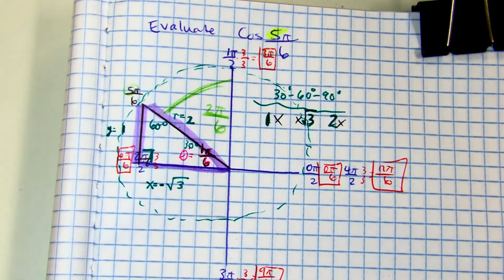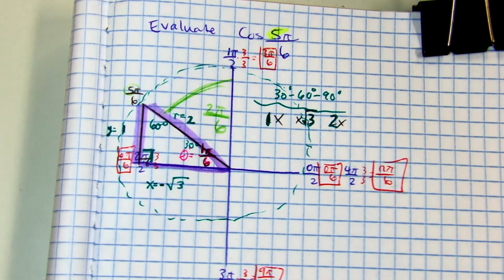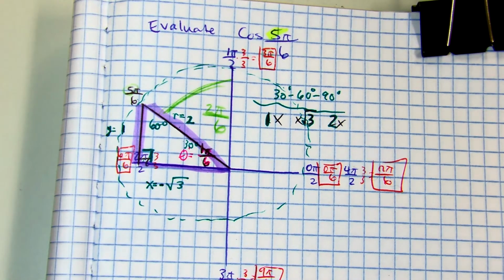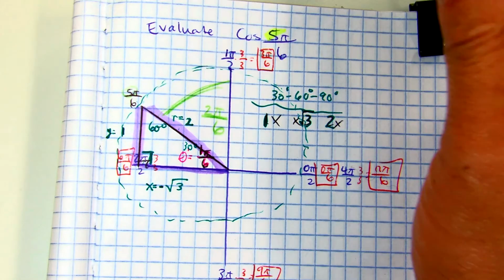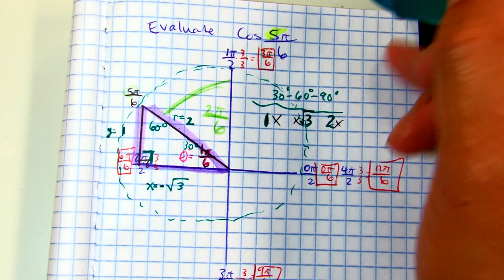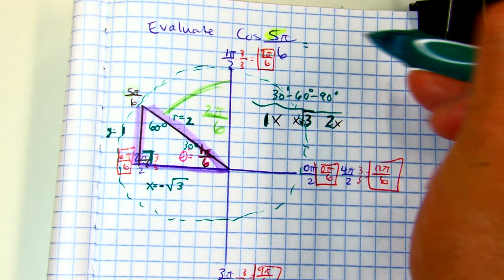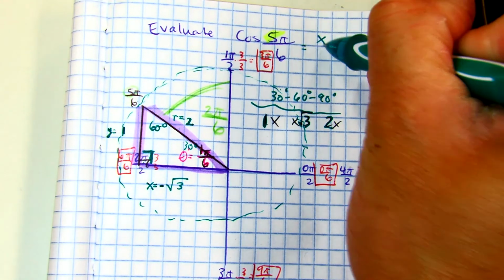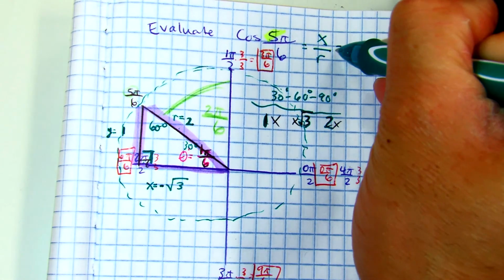Now I need to figure out cosine in terms of x, y, and r. Ricardo, what is cosine in terms of x, y, and r? That is correct. Use the picture. Substitute.